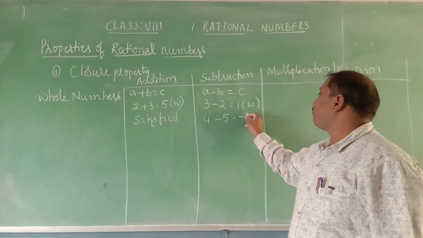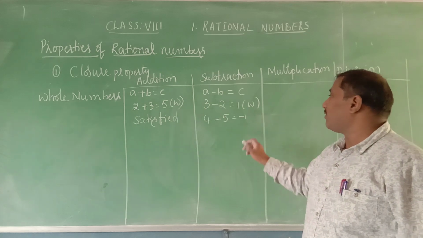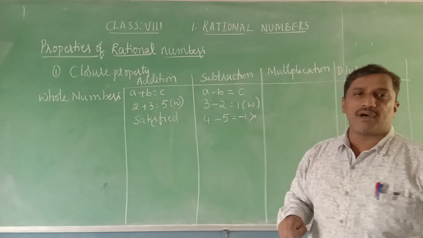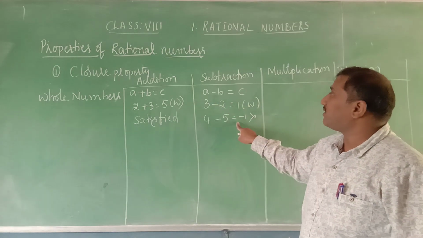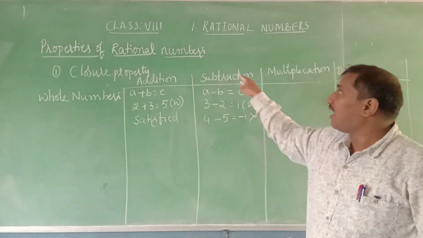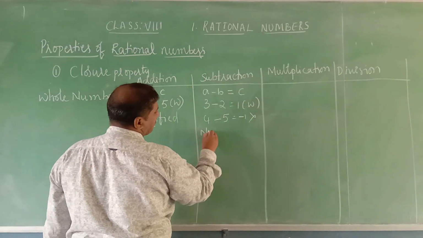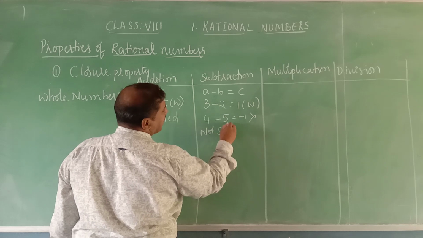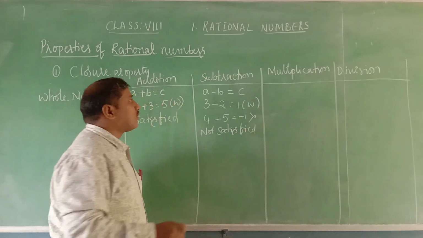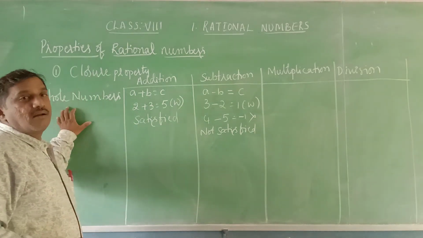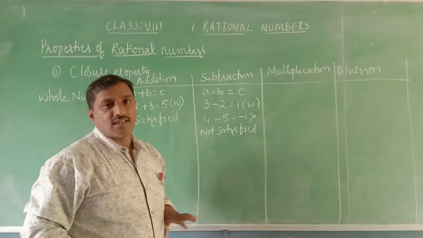Minus 1, which is not a whole number. Therefore, what can we say? Closure property is not satisfied by whole numbers under subtraction. So whole numbers satisfy closure property under addition but not under subtraction.